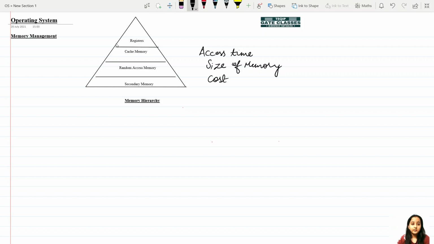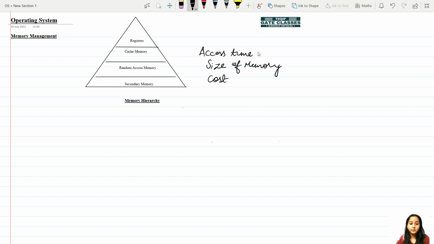You can see this shape. Registers have less storage than cache memory. Cache memory has more storage than registers. Then random access memory. Then secondary memory has the most space. But if we increase the size of memory, then cost will increase.